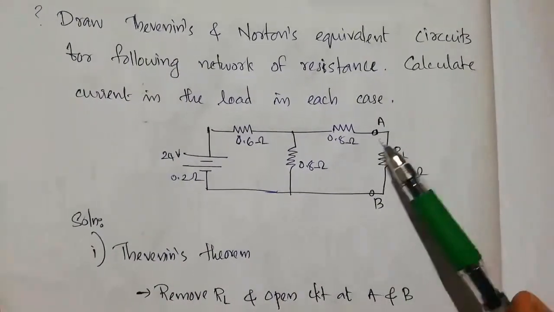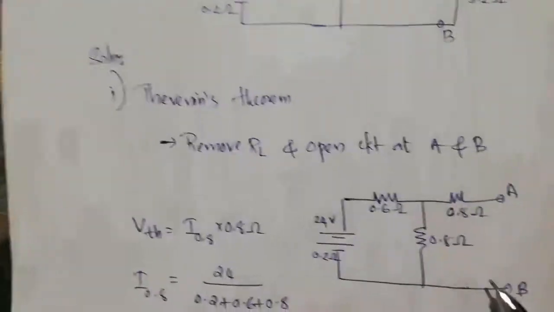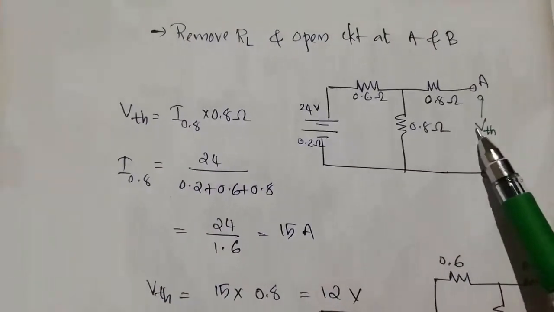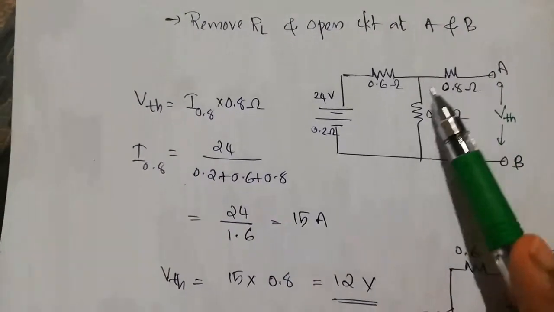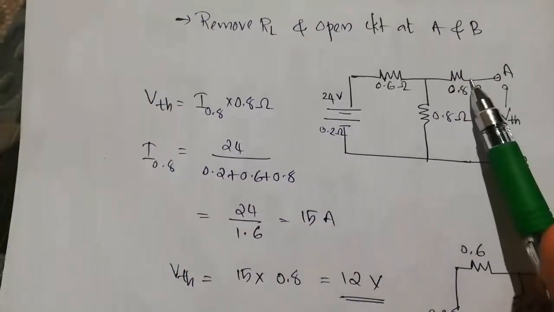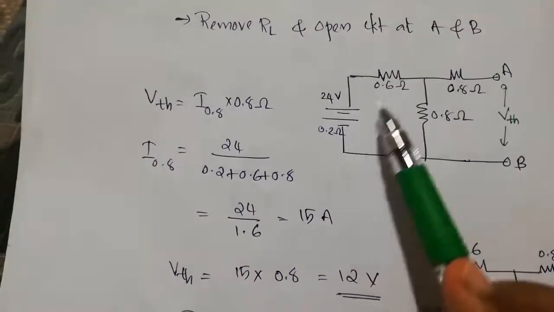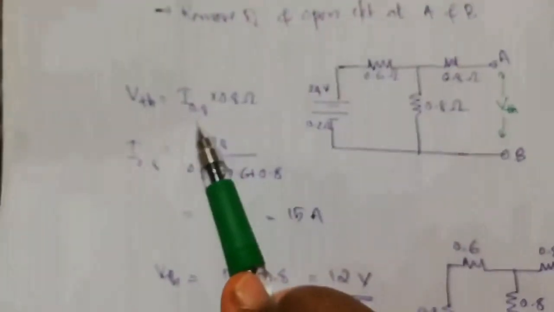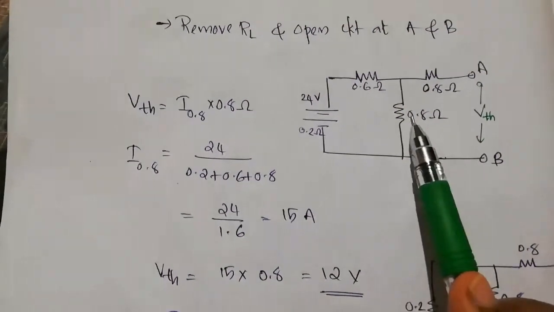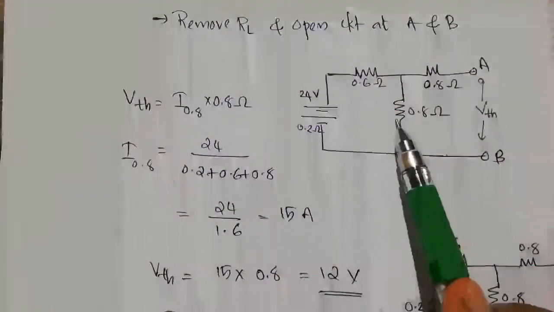First, our step is to remove the RL and open circuit these terminals. So we have to find VTH across these open circuit terminals. This resistance will not be included, as this is an open circuit. We have to include the resistances 0.2, 0.6 and 0.8. So VTH is equal to I across 0.8 into this 0.8.